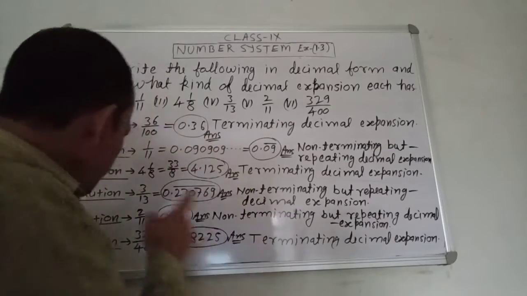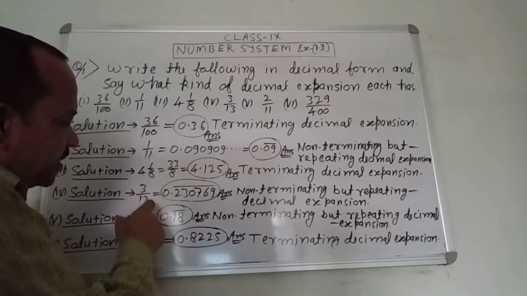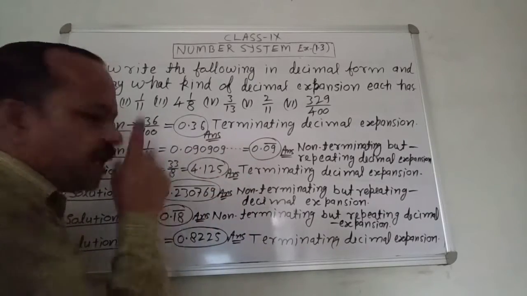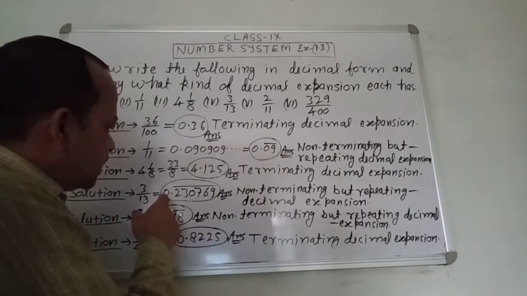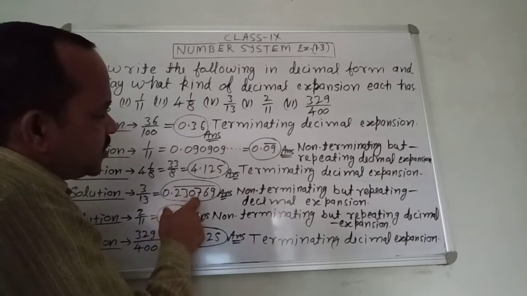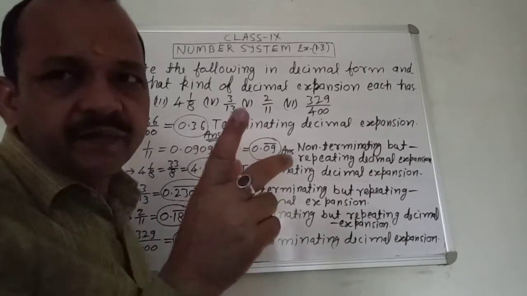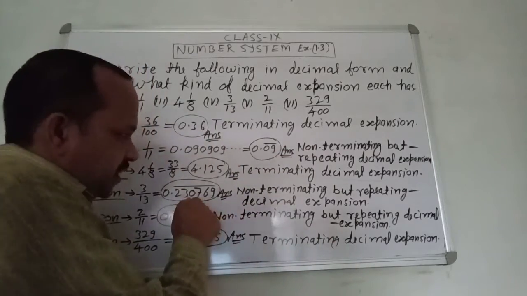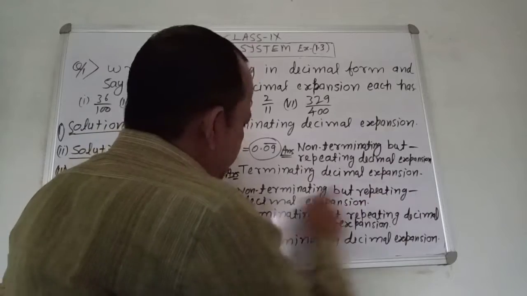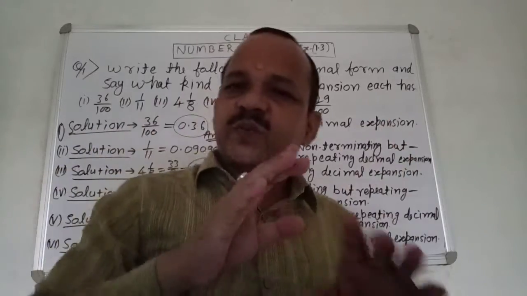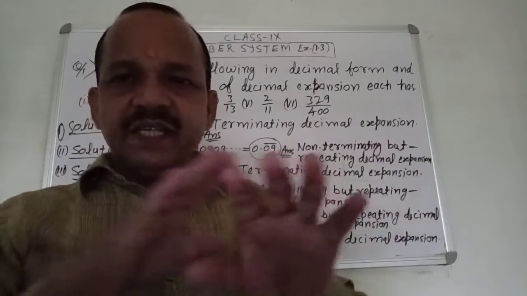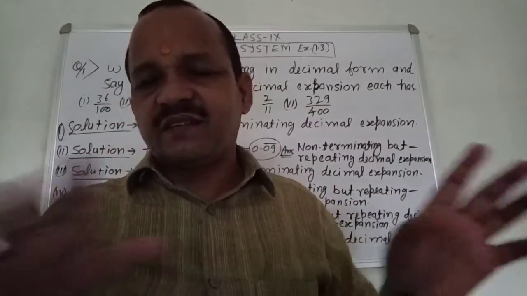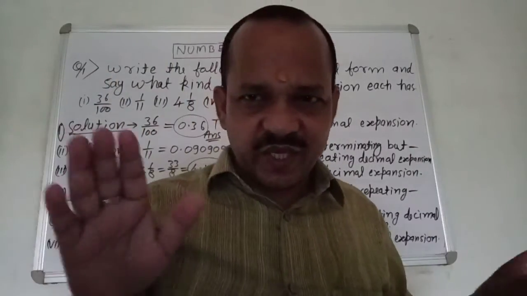Clear? 3 by 13. You divide 3 by 13. You find 0.230769 and you declare it is a non-terminating but repeating decimal expansion. Clear? It is a non-terminating but repeating decimal expansion. Clear? No suspense. Very good.